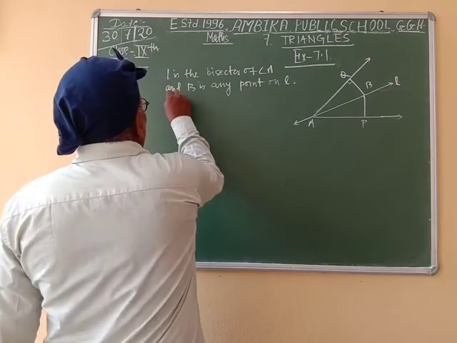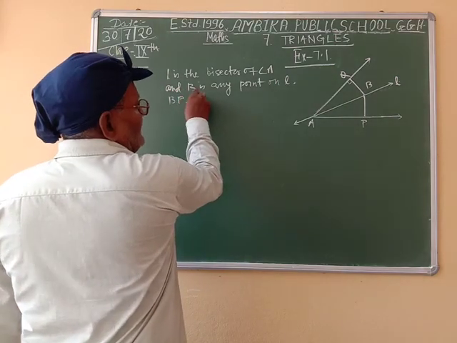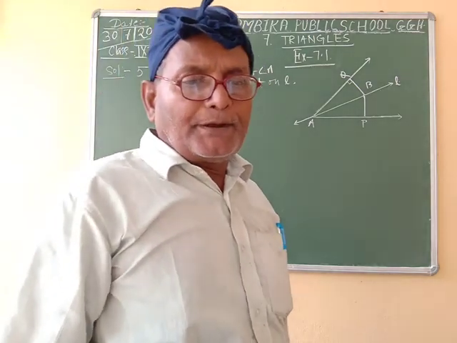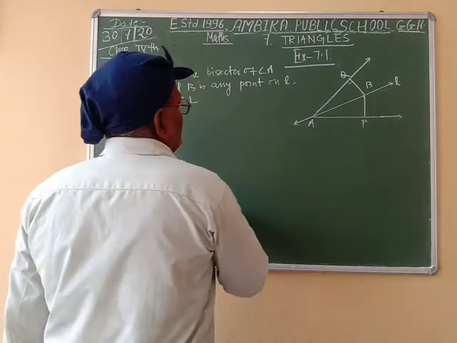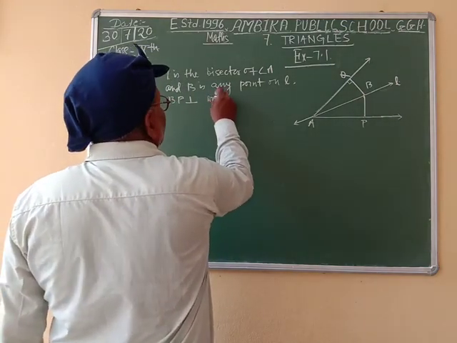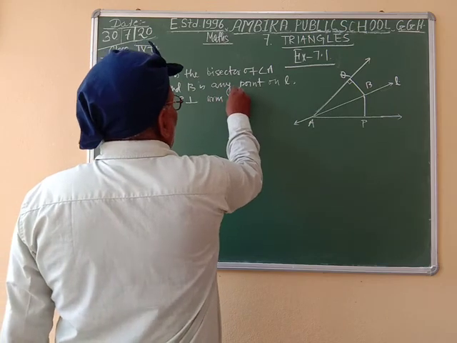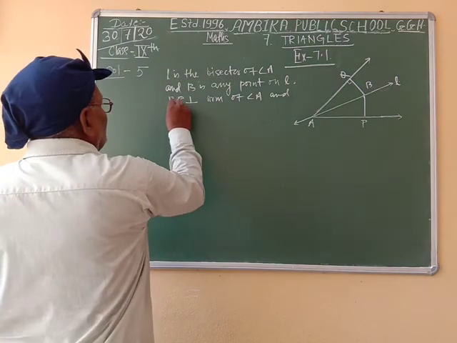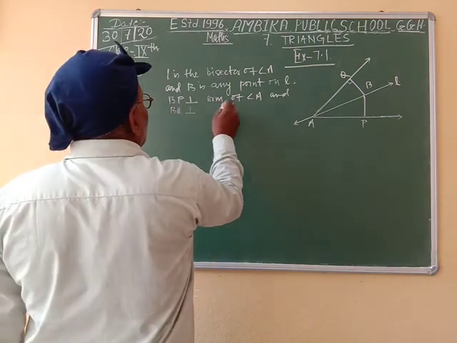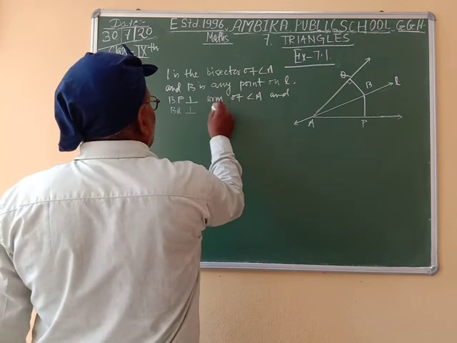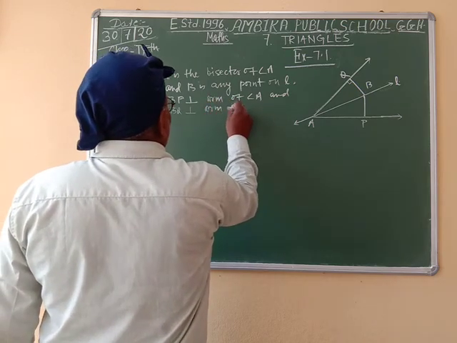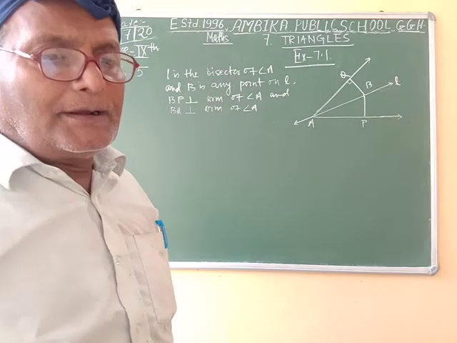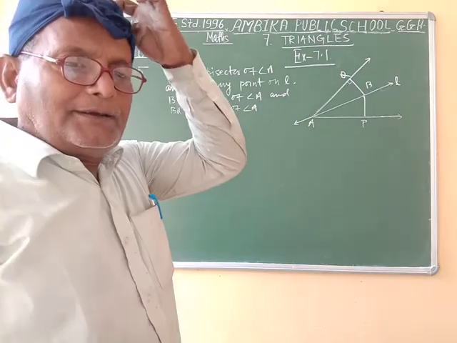BP is perpendicular to an arm of angle A and BQ is perpendicular to the other arm of angle A. We have to show that triangle APB is congruent to triangle AQB.